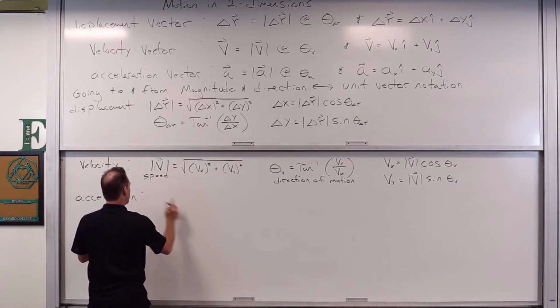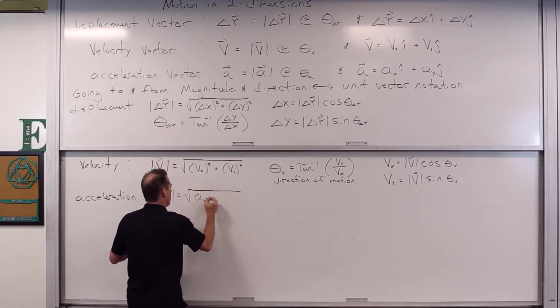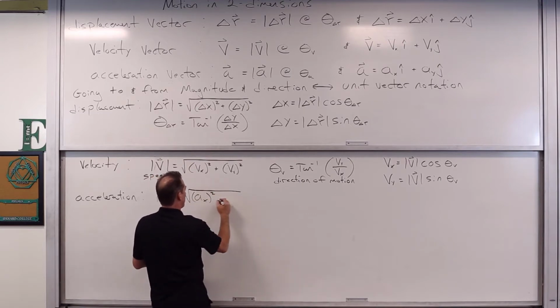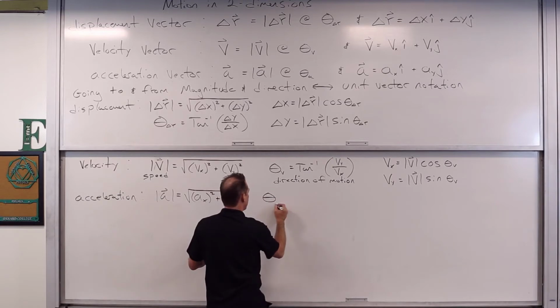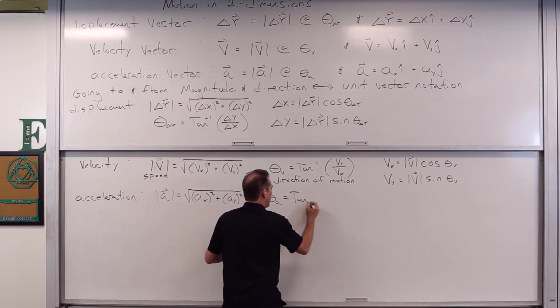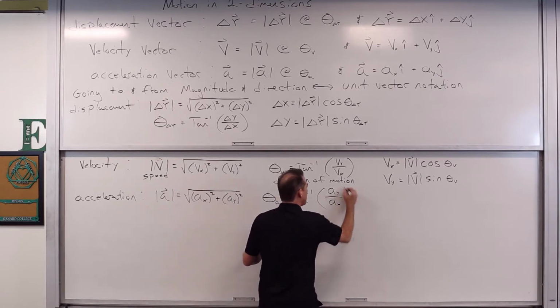Acceleration. The magnitude of the acceleration is again the square root of a sub x squared plus a sub y squared. The direction of the acceleration is gotten by looking at the arctangent of a sub y over a sub x.